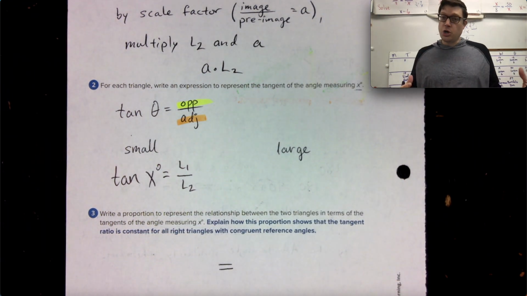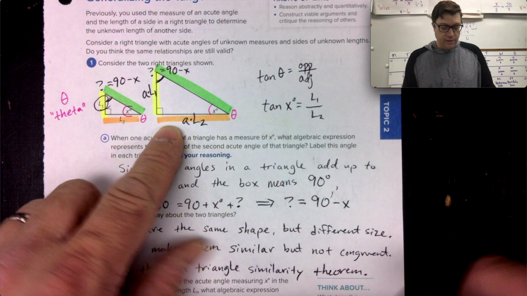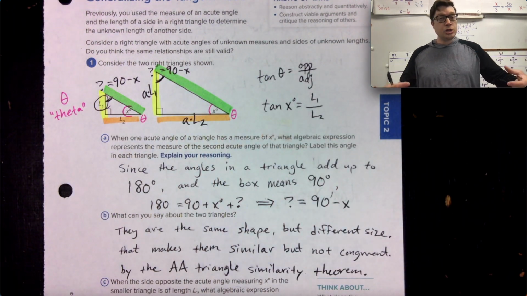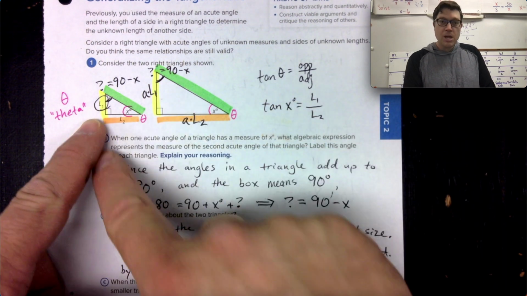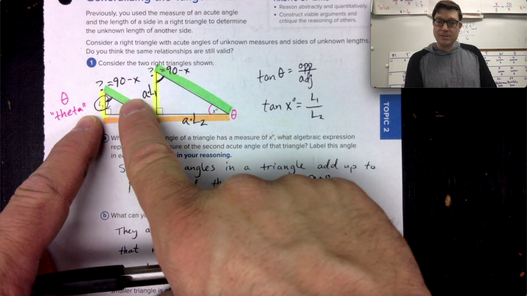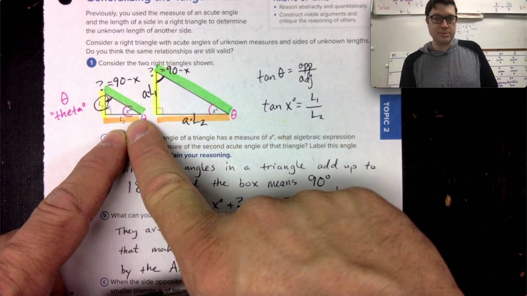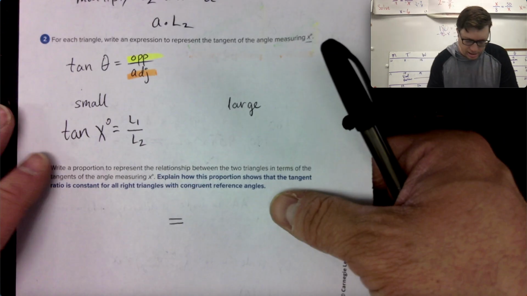In the large triangle, we can also write that triangle's tangent ratio. And so in the large triangle, we have an opposite side and an adjacent side. And remember that that larger triangle, its sides were like some scalar multiple that multiplies L sub 1 times A to get A times L sub 1, and multiplies L sub 2 times A to get A times L sub 2 for the other triangle side lengths.